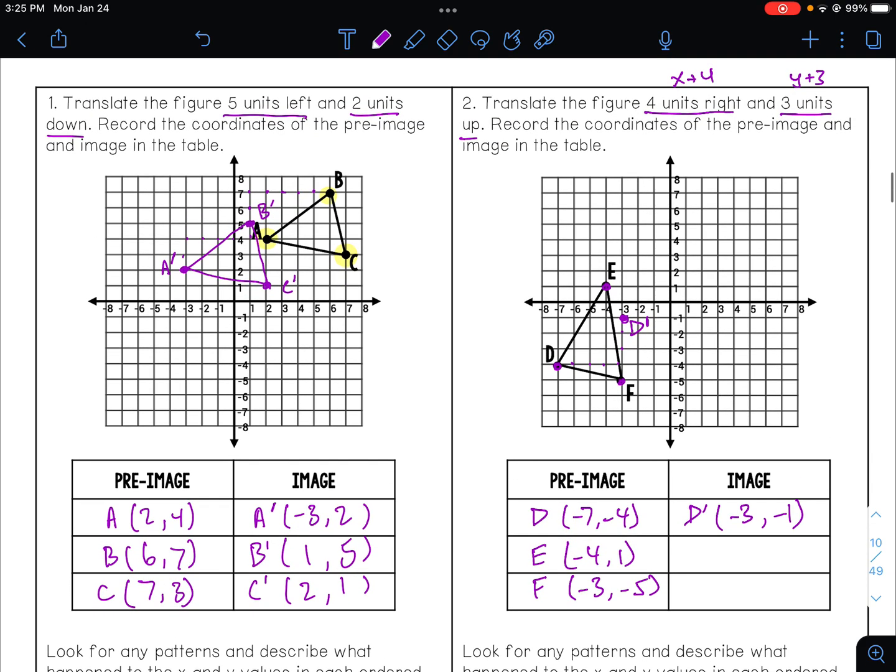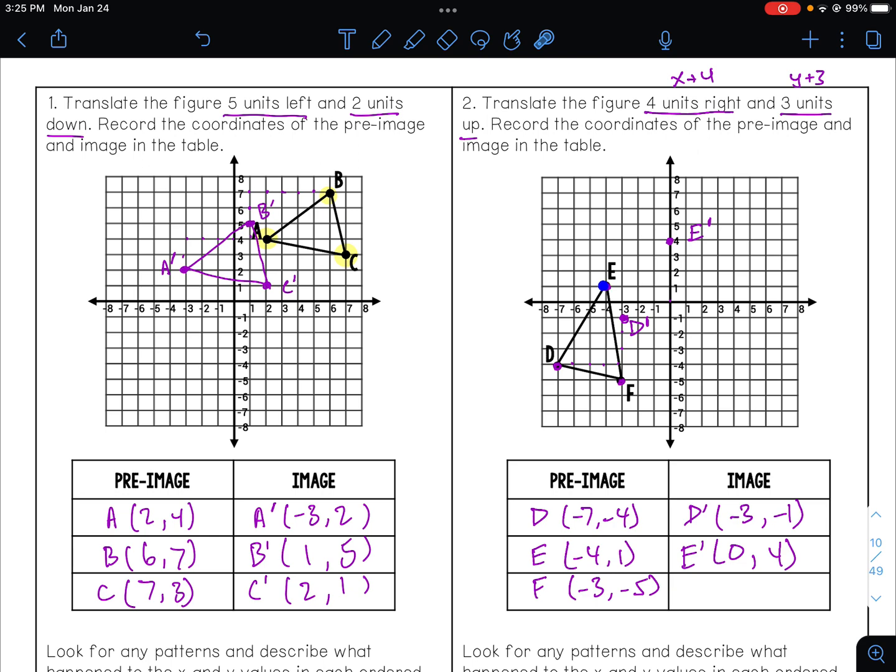So if I take x and add 4, so -4 plus 4, isn't my new point going to be 0? And 1 plus 3, isn't that going to be 4? And that's going to be E prime. Let's try that, 0 and 4.